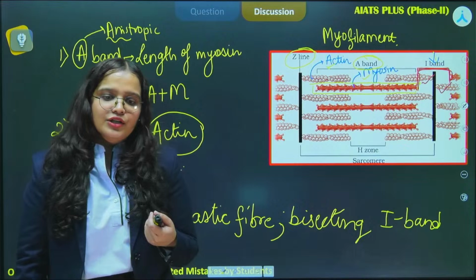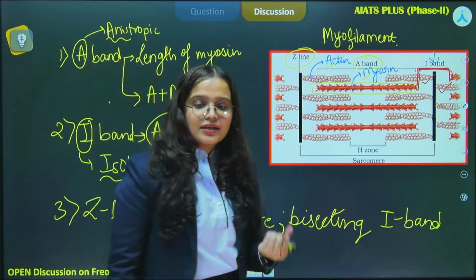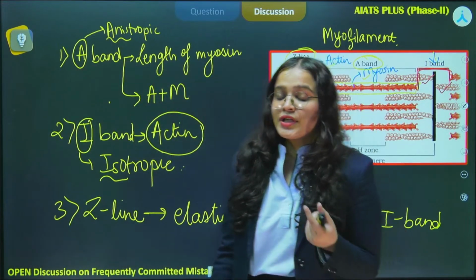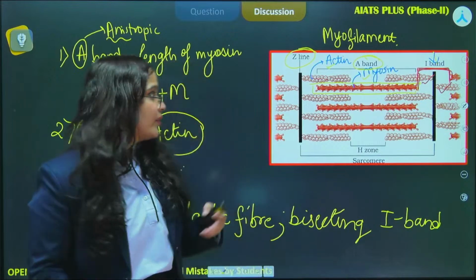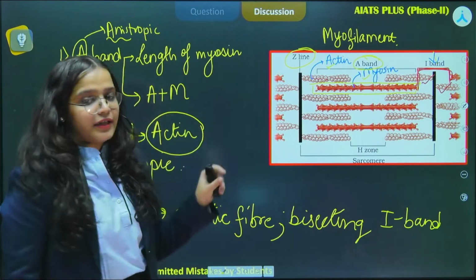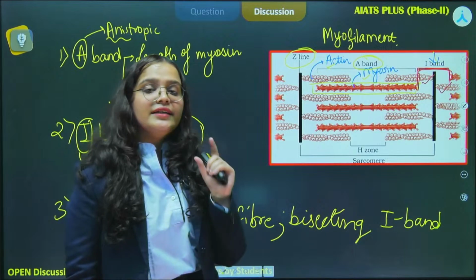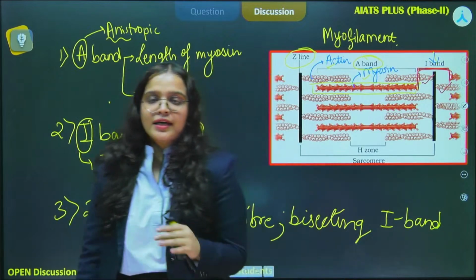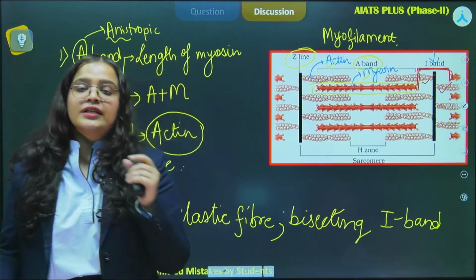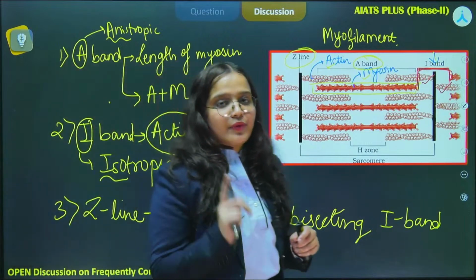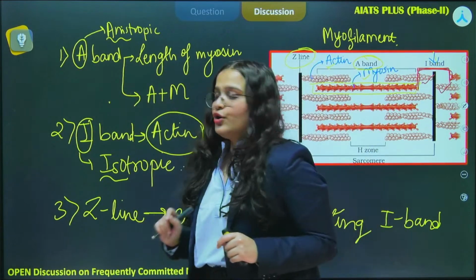I can see Srinath is asking that A band contains both thin and thick filaments, and it is absolutely true that A band will contain both thick and thin filaments, and this is how you can be asked question in the NEET exam as well, that whether thin and thick filament are present in A band or not.